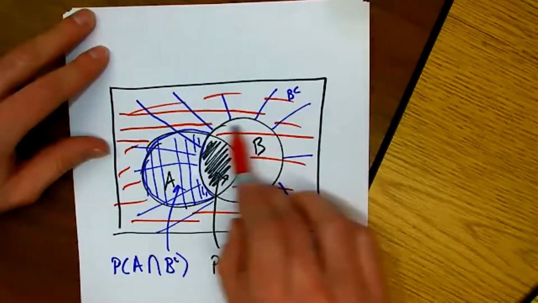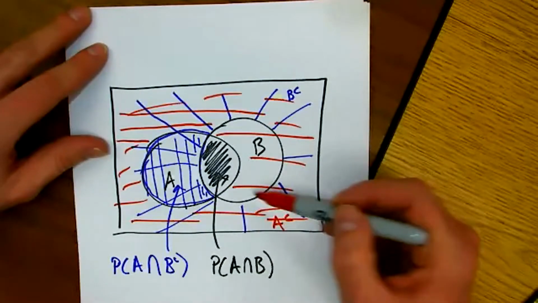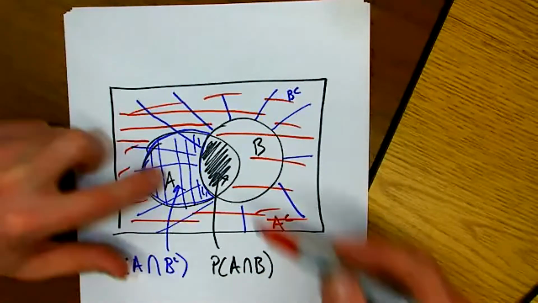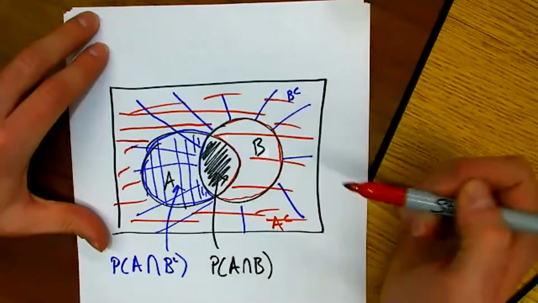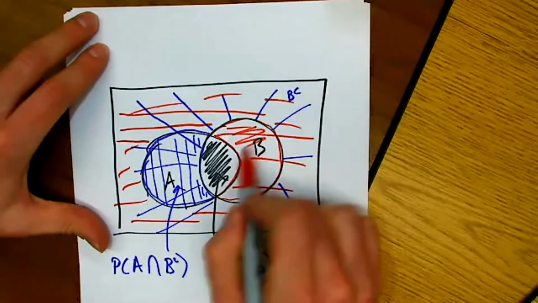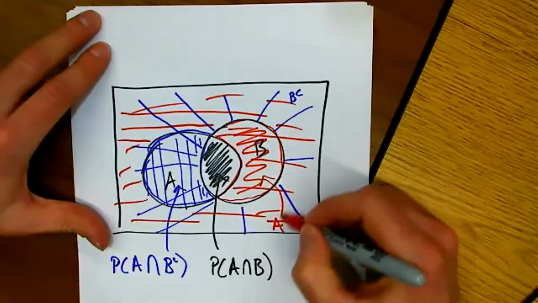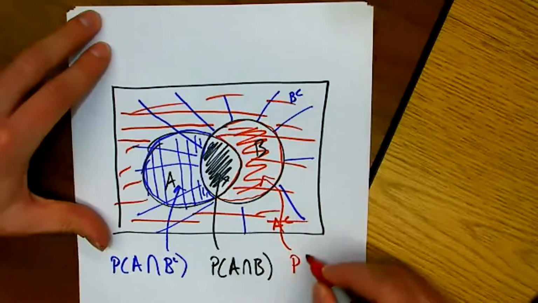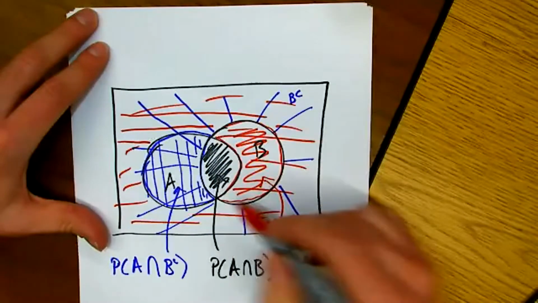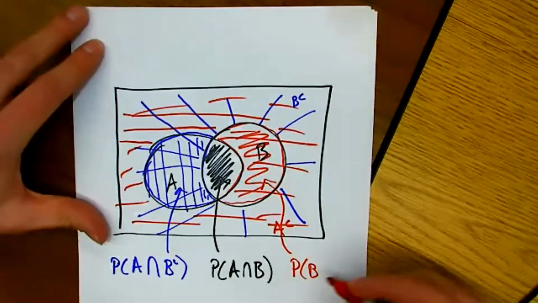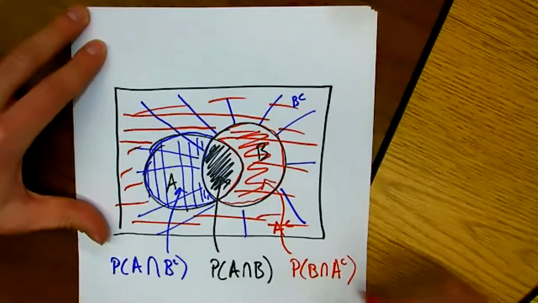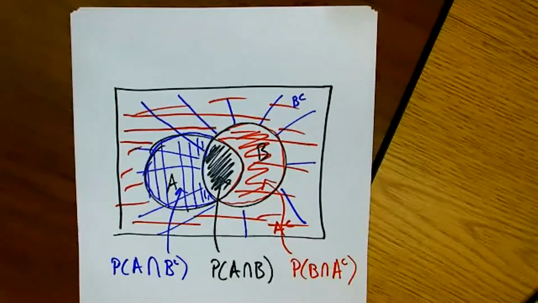This half moon over here is everything that's not in circle A but is within circle B. So this area is the probability that I'm in circle B but not in A, which is A complement.